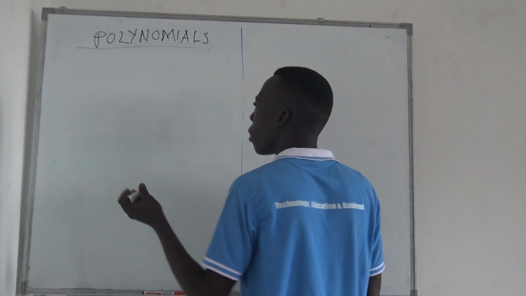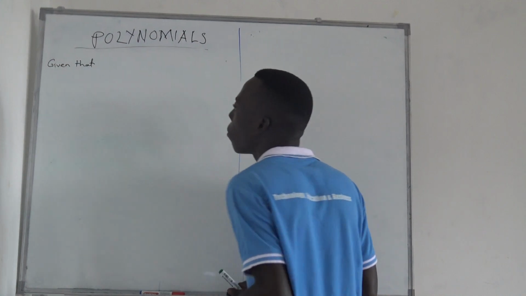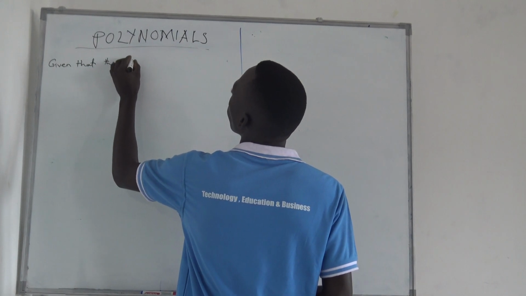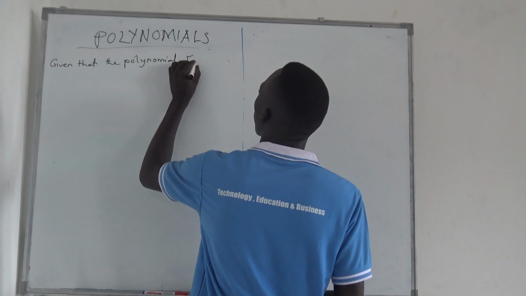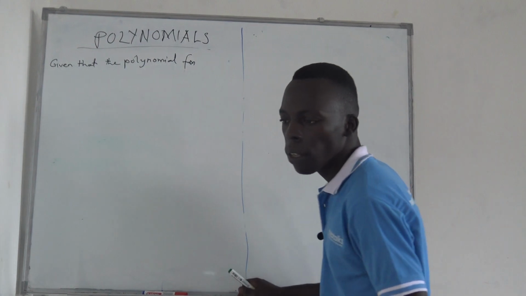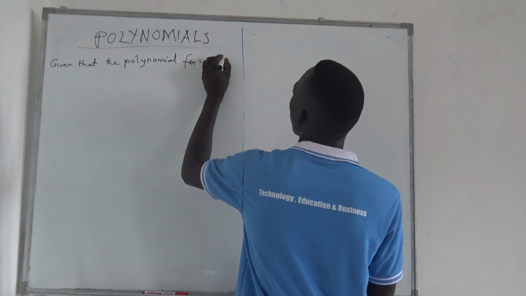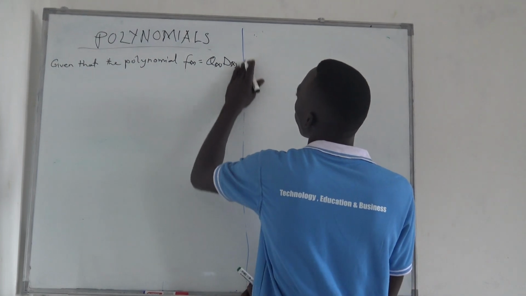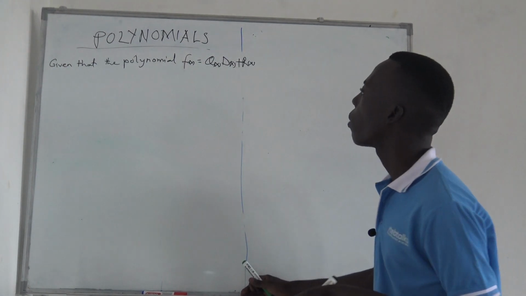They are saying that given the polynomial f of x equals the quotient of x times the divisor of x, then plus r of x. So here they have given us what we are using.